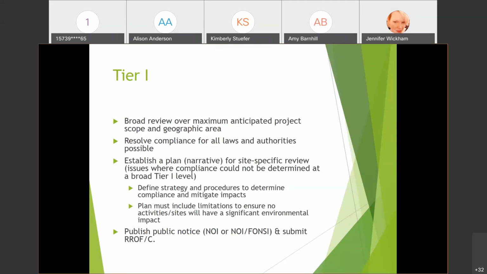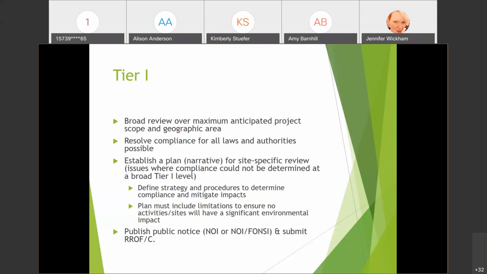You establish a plan at this tier 1 for the site-specific review, and the site-specific review is tier 2. It would cover issues where compliance could not be determined at the broad tier 1 level, so you would define strategies and procedures to determine compliance and mitigate impacts at the tier 2 level.